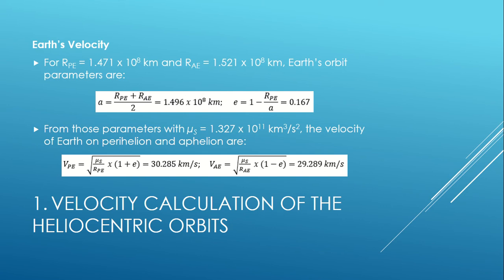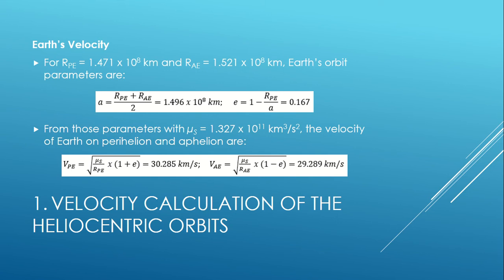For Earth velocity, we know from the data that the radius of perihelion of Earth is 1.471 times 10 to the power of 8 kilometers, and with aphelion 1.521 times 10 to the power of 8. With those parameters, we can get the parameters of Earth's revolution around the Sun.